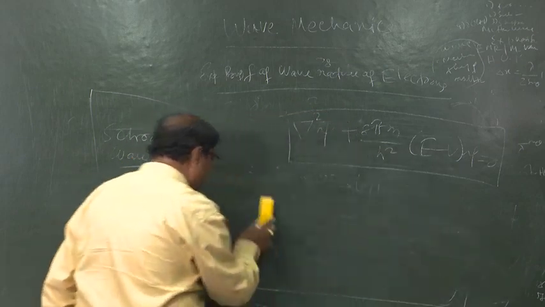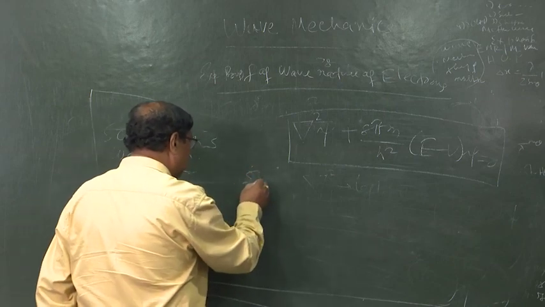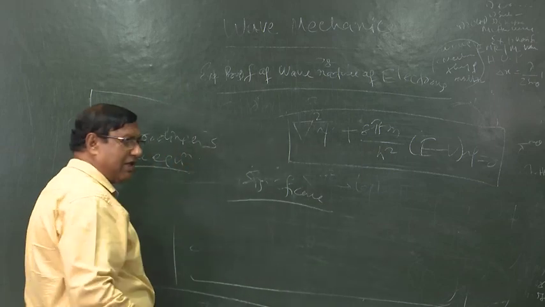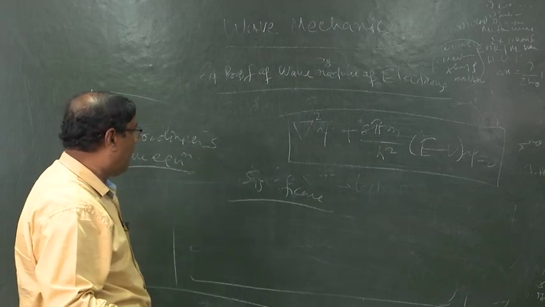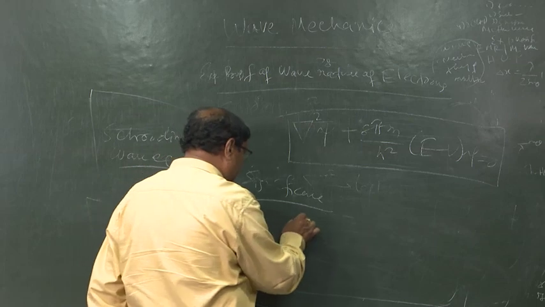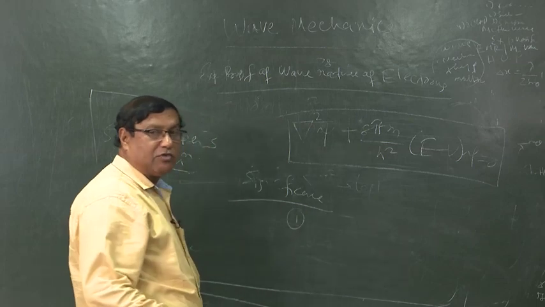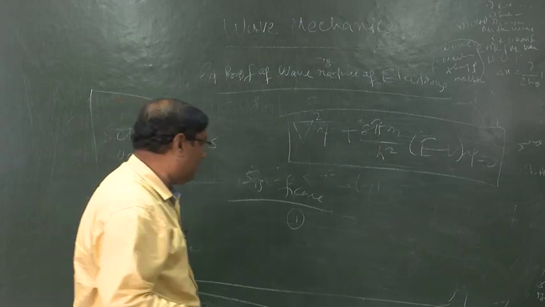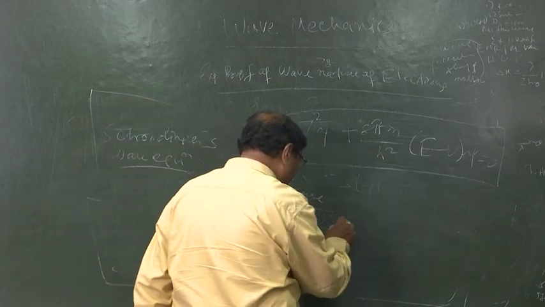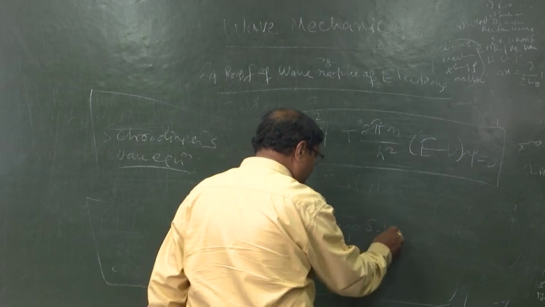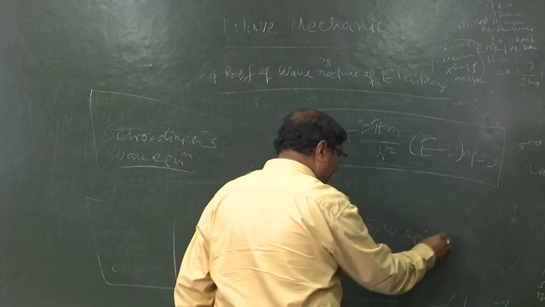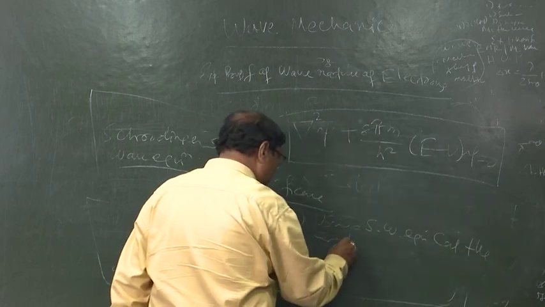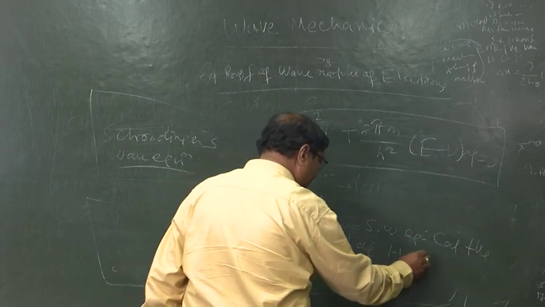So what is its importance? What is its significance? Significance of Schrodinger's wave equation: using the Schrodinger equation for the hydrogen atom, we can calculate the energy of the hydrogen atom.